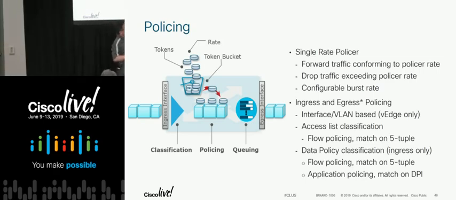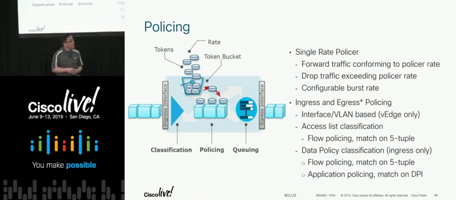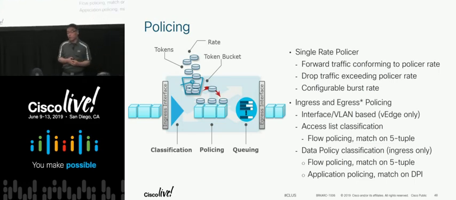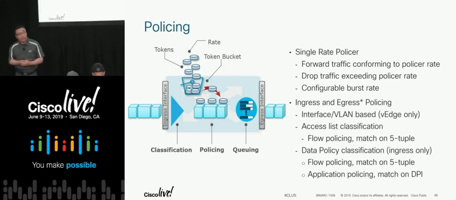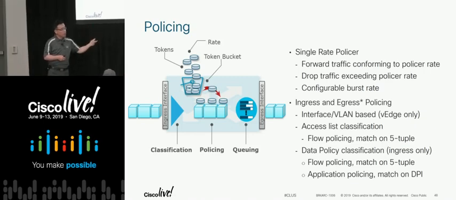The access list and the data plane policy policing are supported in both vEdge and XE-SD-WAN. With the ACL, you can match on the flows and apply the policing in both ingress and egress direction. With the data plane policy, you can match on both flows as well as applications to apply the policing only on the ingress interface.